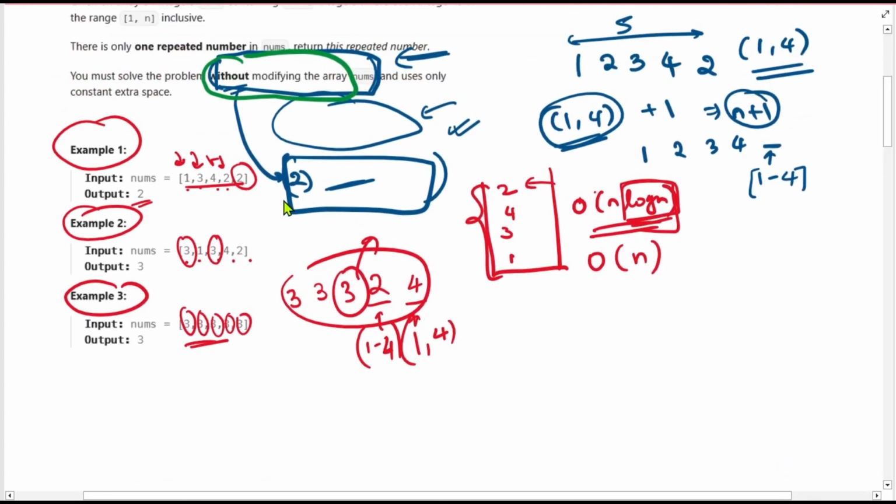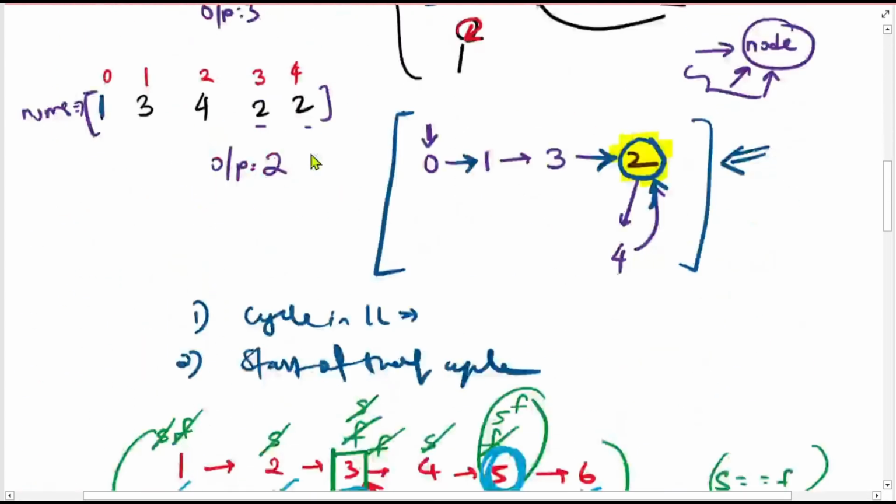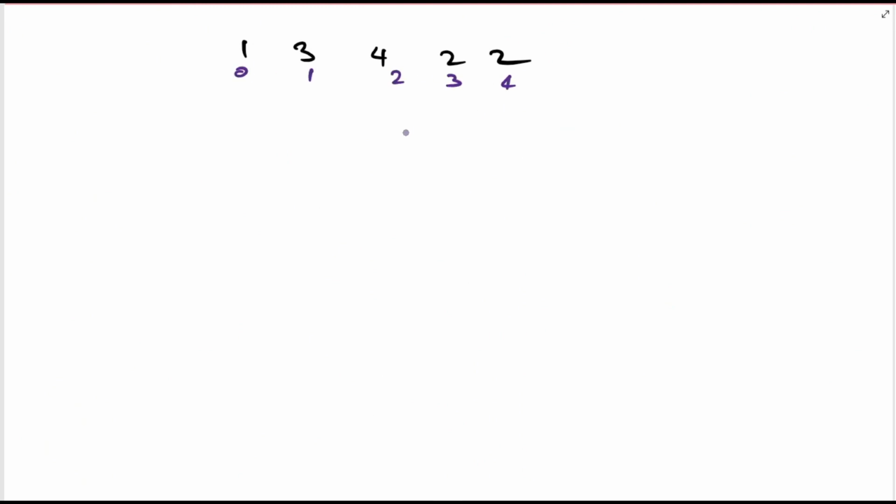So let's take this example itself, 1 3 4 2 2. This is the nums array, and these are the indexes. Now, use this fact that I have numbers from 1 to n.